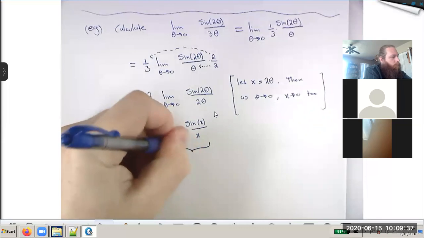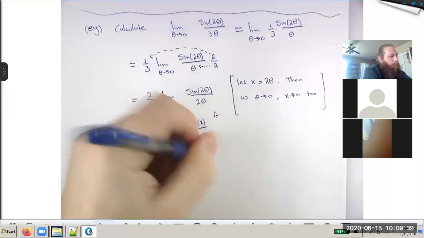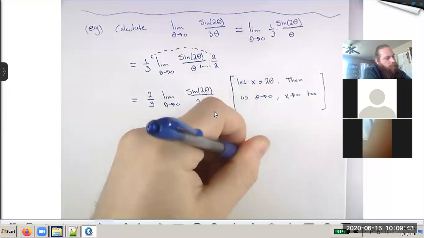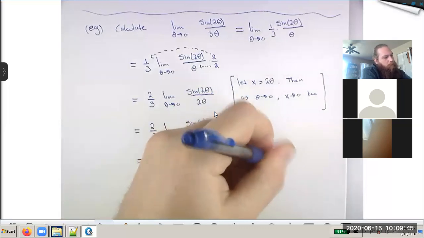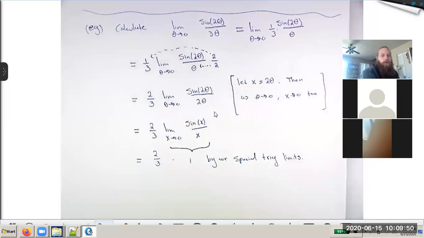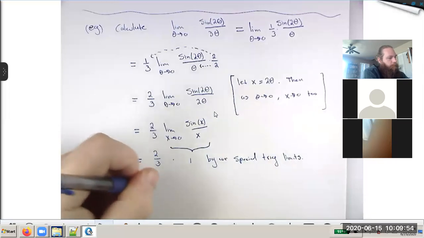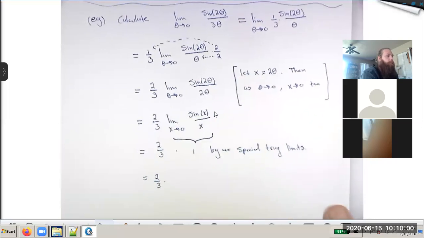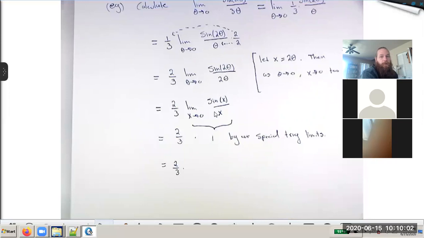This is 1 by our special limit. So the whole limit is just 2/3. So this is a little bit sneaky, but it's a fun trick.